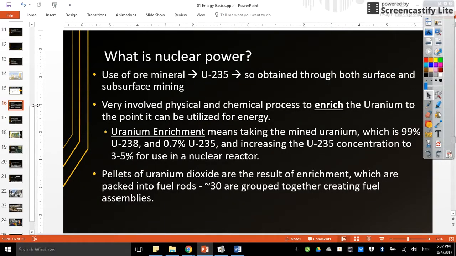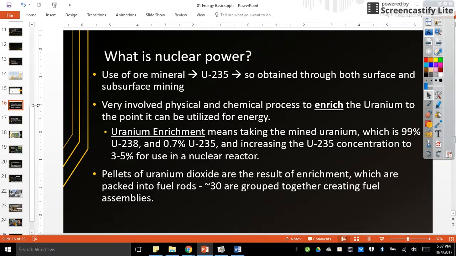So what is nuclear power? When we are thinking about nuclear power, we're thinking about this isotope of uranium. Uranium is an ore mineral that is obtained through mining. We utilize both surface and subsurface mining to get to our uranium, which is found in rocks.